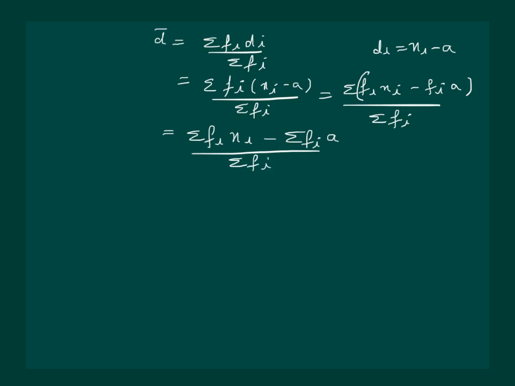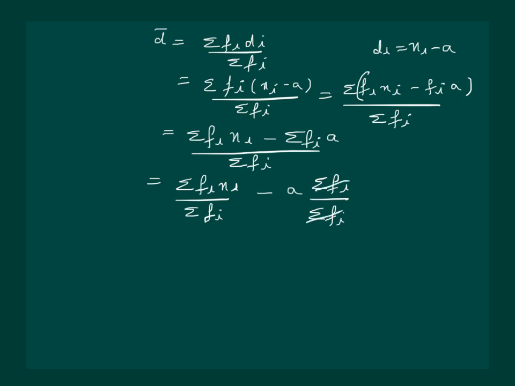which can also be written as summation of fi into xi whole by summation fi minus a times summation fi by summation fi. Summation of the frequencies is some number.